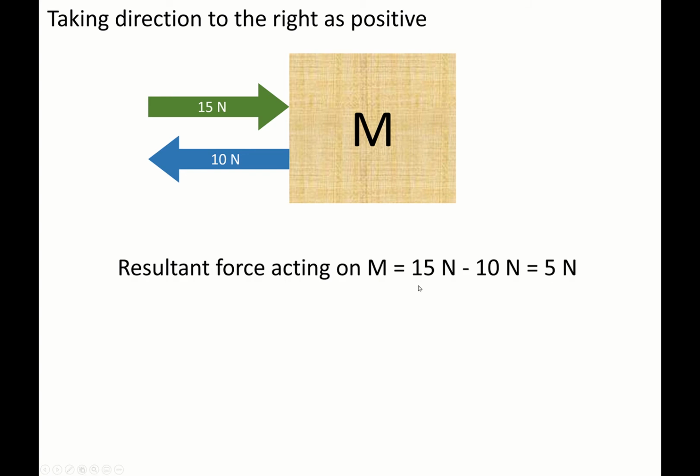And hence, we calculate the resultant force acting on m as 15 minus 10 equals 5. That's because we take the direction to the right as positive, so 10 becomes negative, so 15 minus 10, and the result is 5.